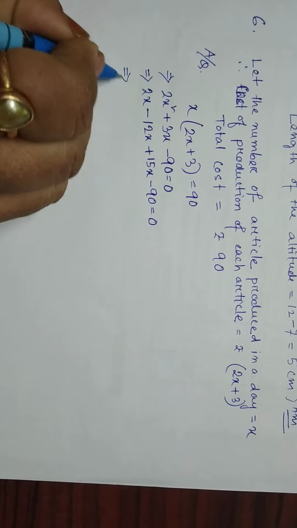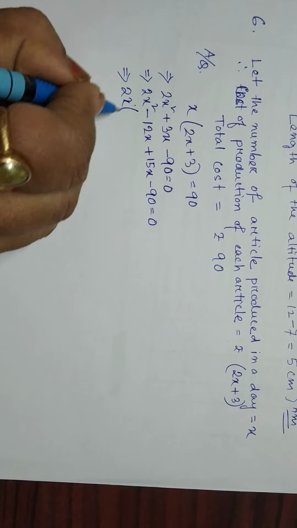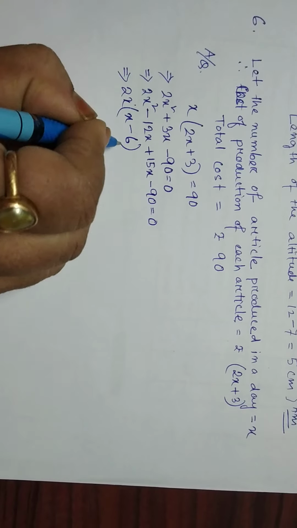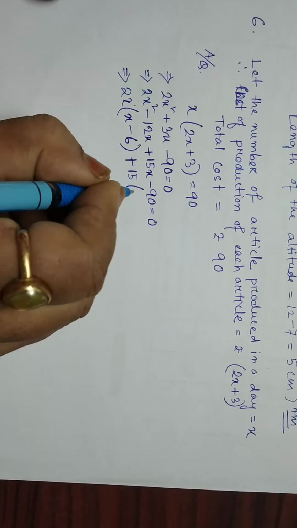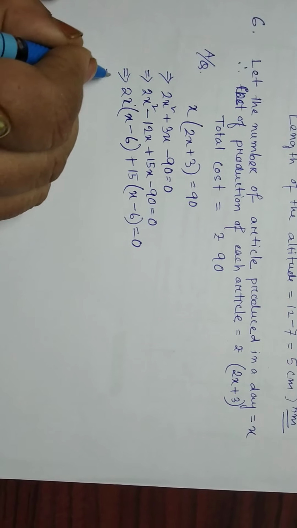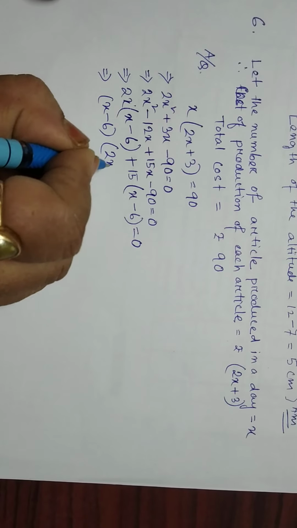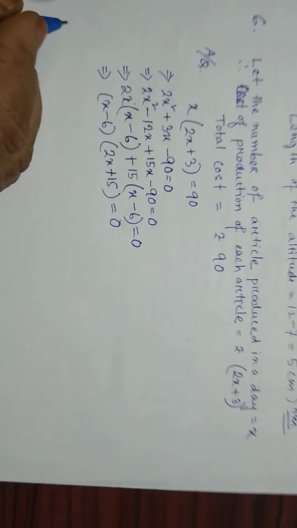Now from these two terms, if we take 2x common, then what happened? Here x is left and here 6, and from the other two terms if we take 15 common, then x minus 6 equal to 0. Therefore x minus 6 is one factor and another factor is twice x plus 15 equal to 0.